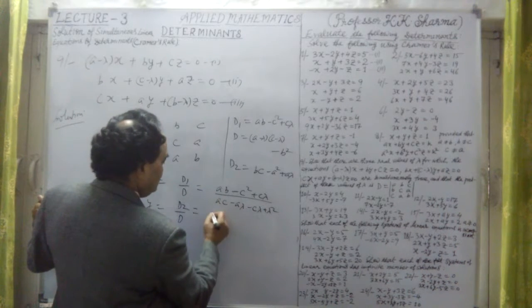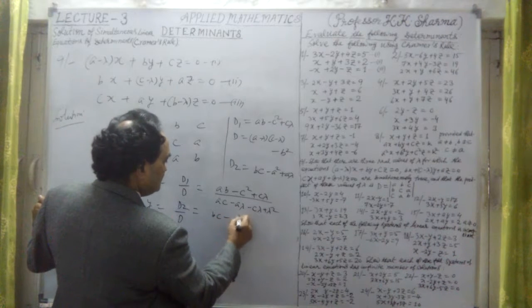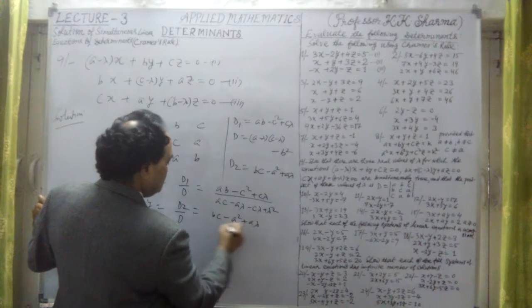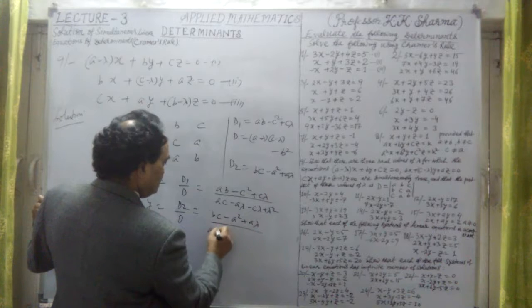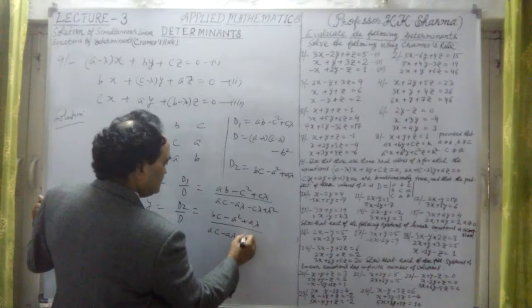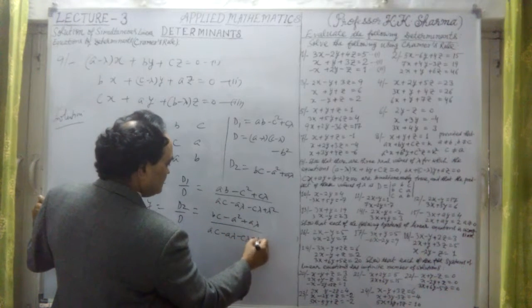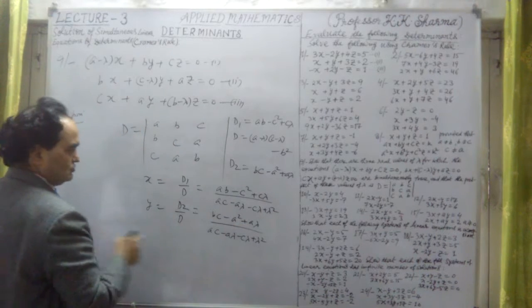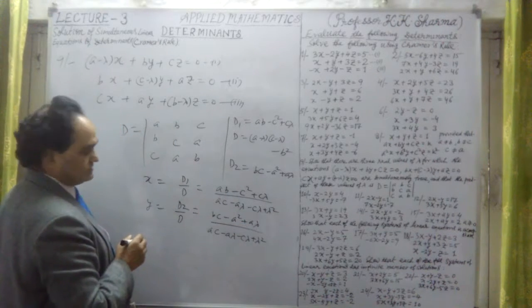And D2 is here BC minus A square plus A lambda divided by D, which is again AC minus B lambda minus C lambda plus lambda square. These two values are there of x and y.